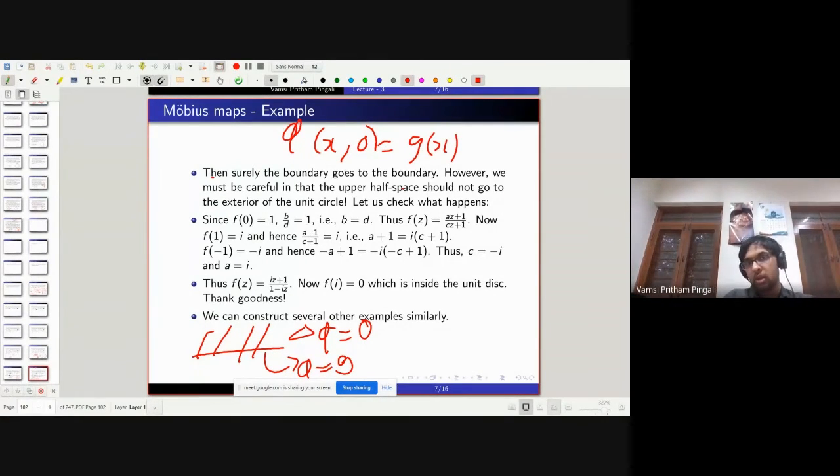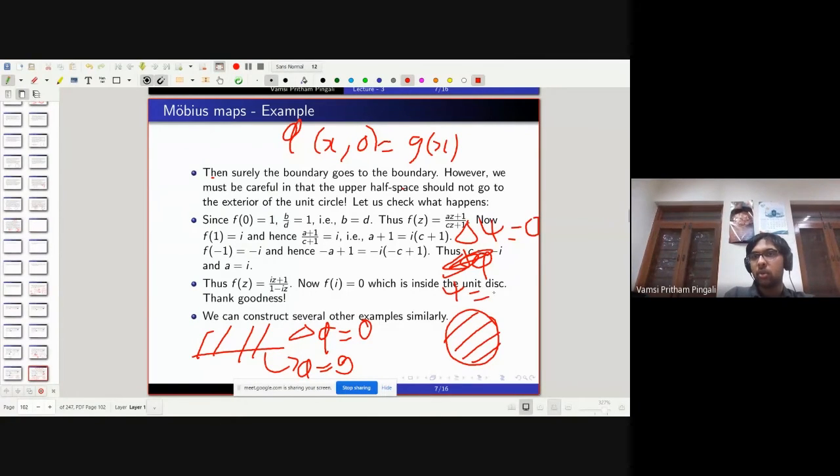I claim that if you take this and solve the Laplacian of, say not phi, let's call it psi, equals 0, with psi equals g composed with f inverse on the boundary, then whatever solution you get, if you take psi composed with f, that is the solution you want.